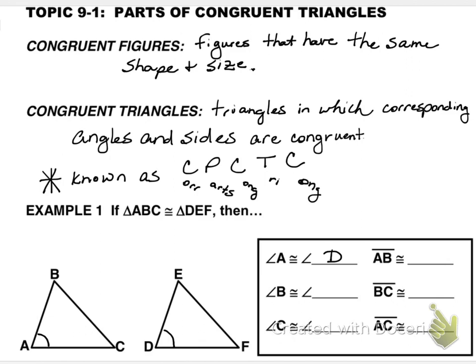Angle B would be congruent to angle E. So we would mark that with the same sign: one curve for A and D, two curves for B and E, because they're congruent. And then the third angle, C and F, would also be congruent.